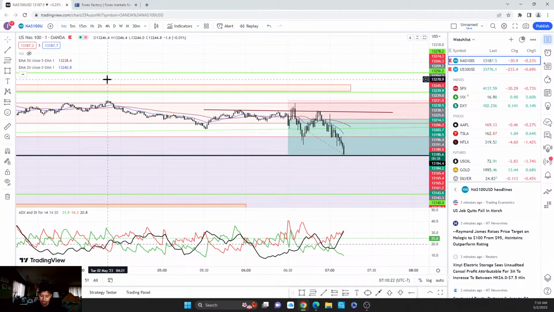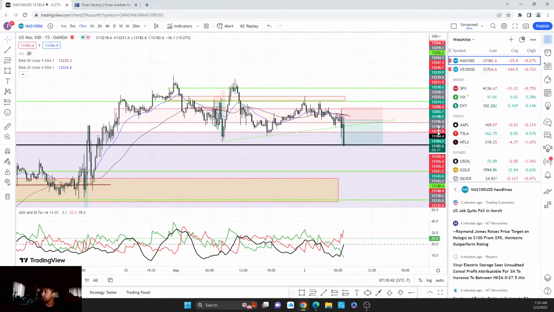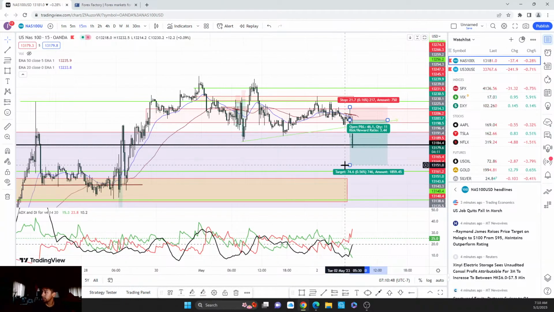We know what's happening at this daily, so I'm taking some profit. Boom. Just pulled some profit right there. And then, yeah, let's see if we can continue down. The next area for me is going to be right here. Well, I think technically right here should be it, so at about 74 pips.